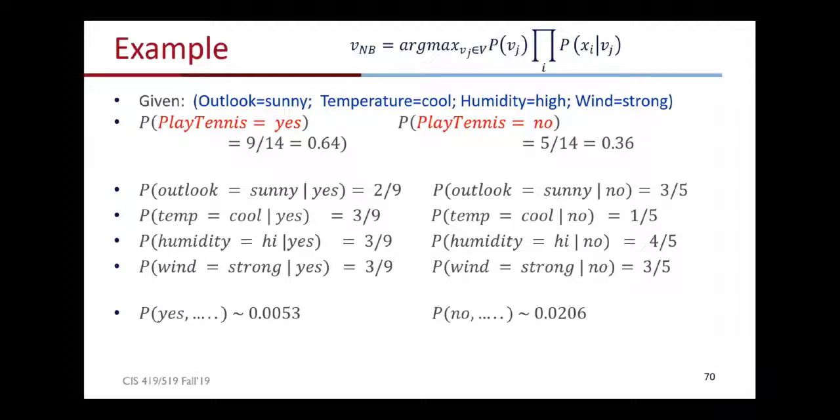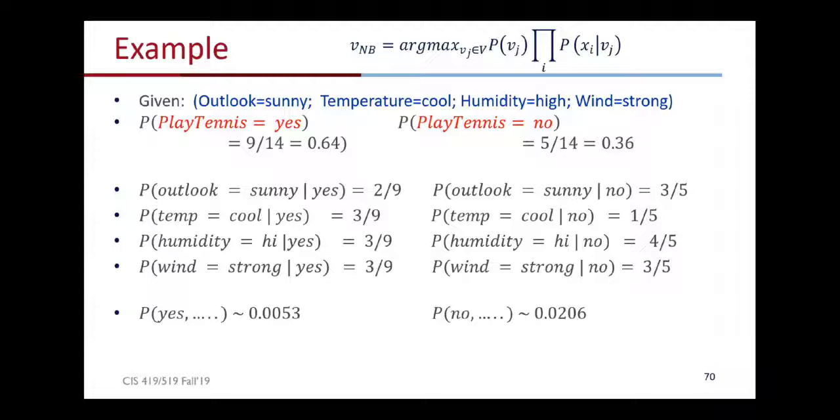This is the example. I already estimated that the probability of yes is 9 over 14, the probability of no is 5 over 14. Now in 2 columns, I'm writing the probabilities that I care about, given that this is my instance. There are more probabilities that I estimate, but I don't care about them in this case.